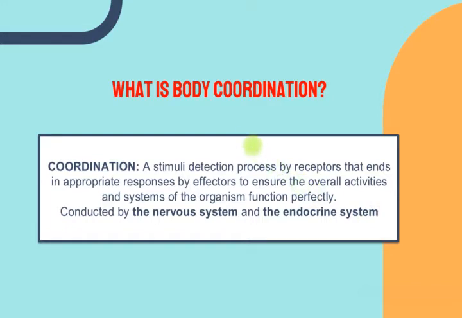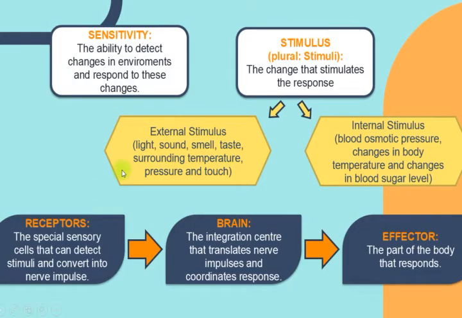Now let's take a look at the components of human coordination and also the sequence in human coordination. Organisms have the ability to detect changes in their environment and also respond to these changes.